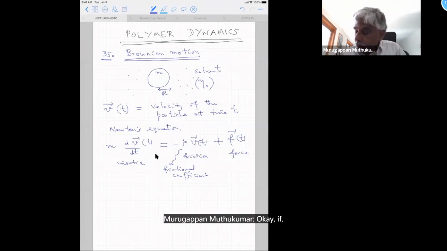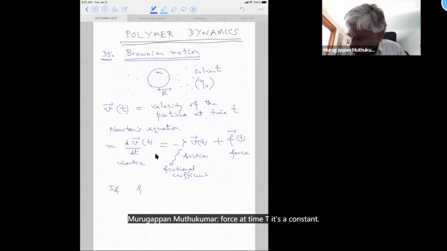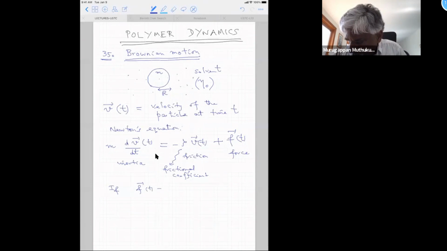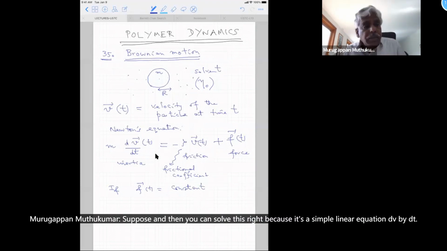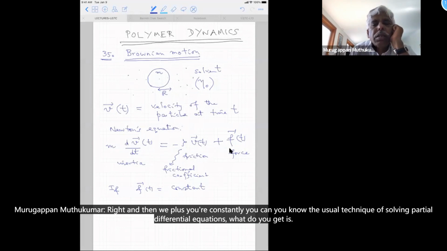First, let me look at the force being constant. Suppose the force at time t is a constant, and then you can solve this, because it's a simple linear equation, dv/dt plus a constant times v, using the usual technique of solving differential equations.